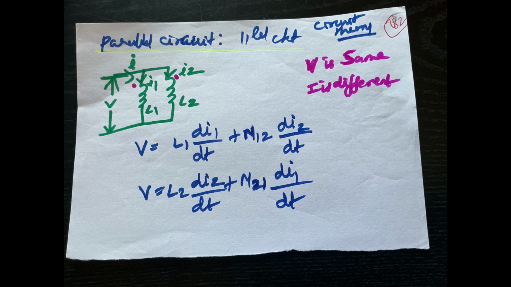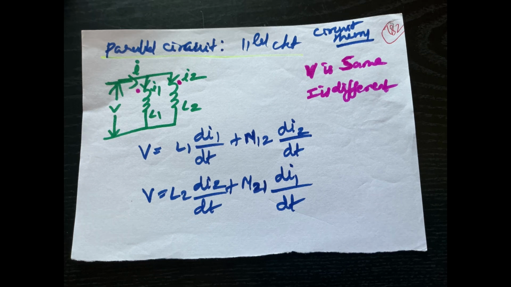Dotted terminals are at the entry points; two dotted points in the coils are entry points as shown in the circuit. L1 and L2 are self-inductances and M is the mutual inductance. L1 is the self-inductance of the first coil and L2 of the second coil. V is derived from the equations.